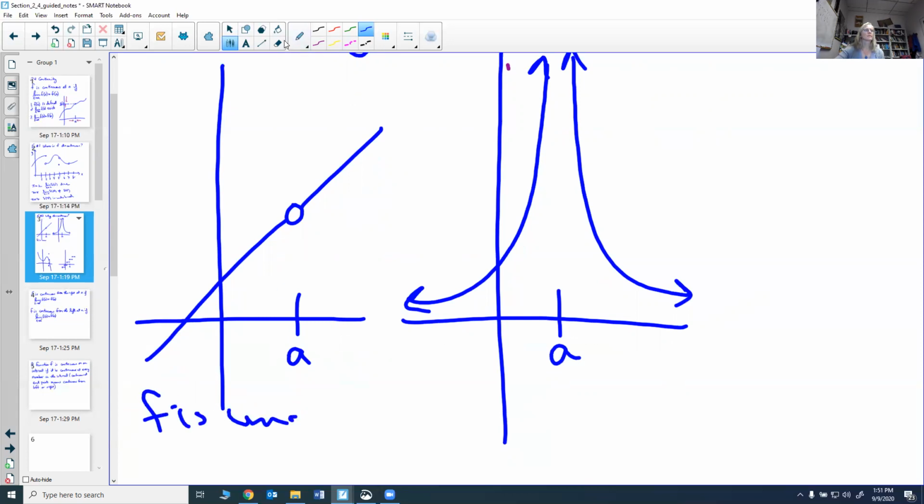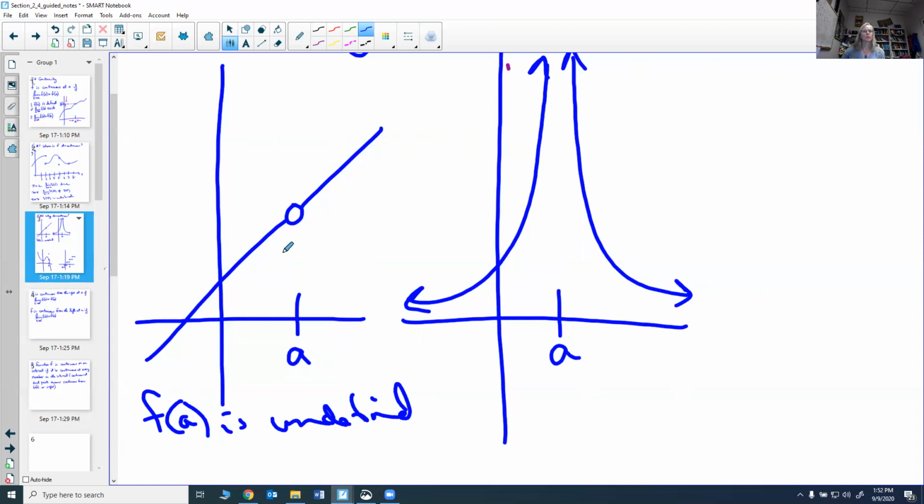Oops. I'm going to say it a little bit differently. Instead of saying the function is undefined there, I'm going to say f of a is undefined. Now, the reason I call it undefined and not existing is because I could define it. I could make a piecewise function of this and say, I want to make f of a be a value, and I could make it be whatever this limit is.